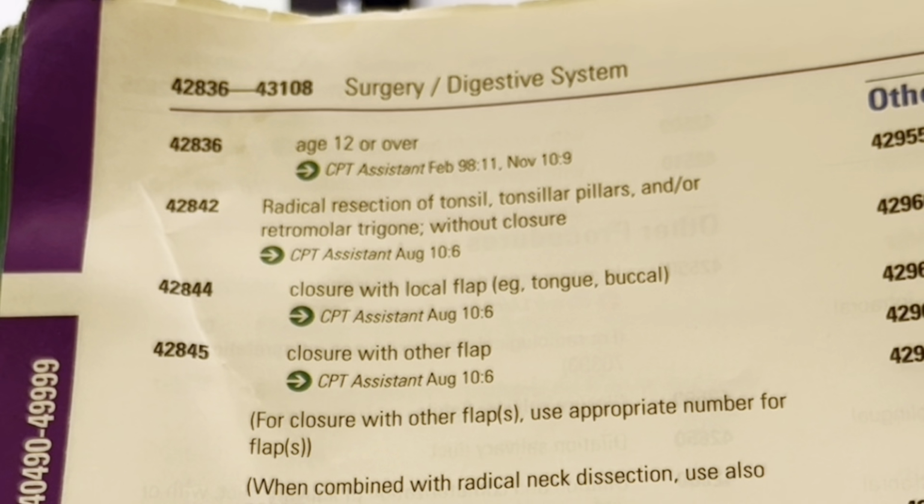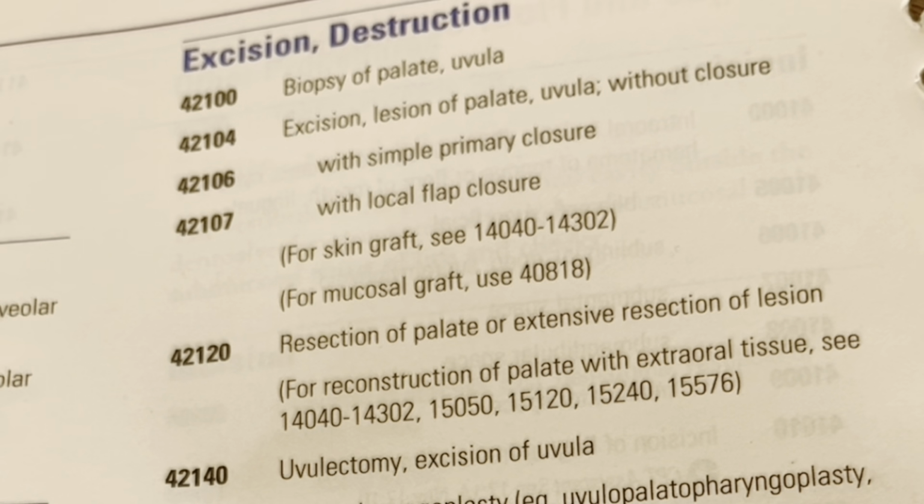It can be 42106 or 42107. Here 42106 is simple primary closure, 42107 is local flap closure. Nothing is mentioned about flap closure, right? So it will be 42106.